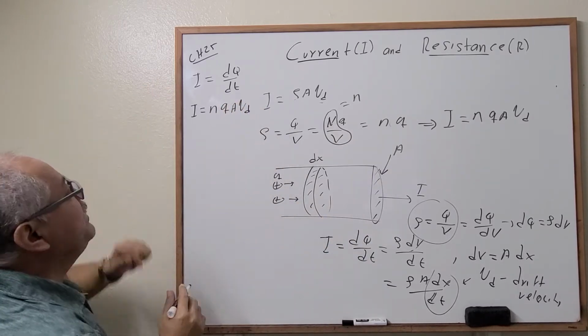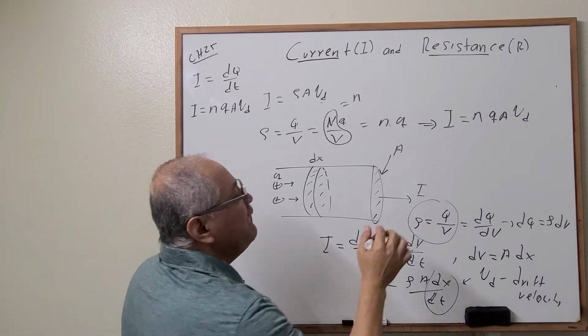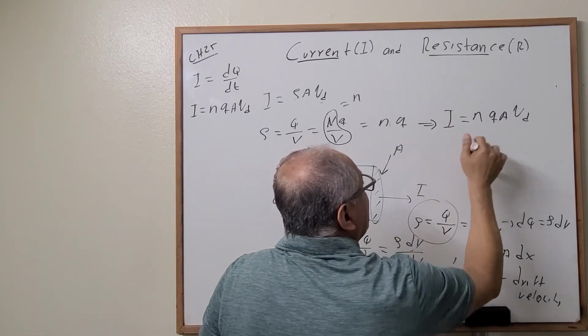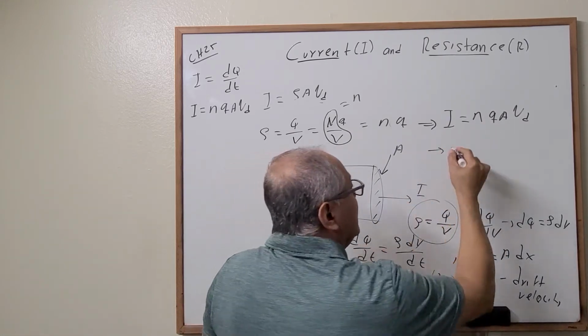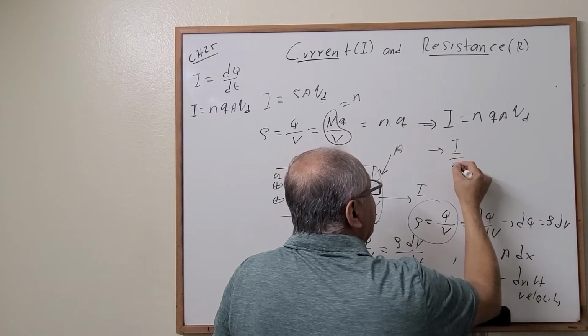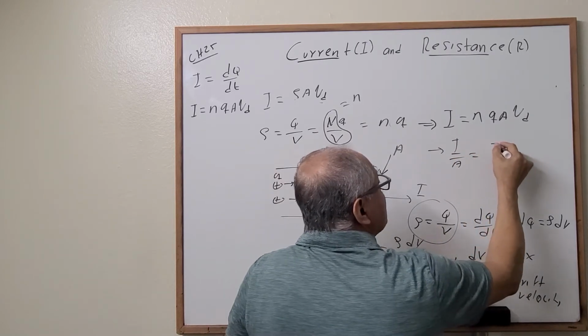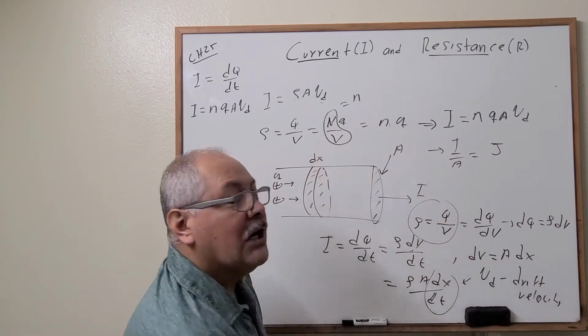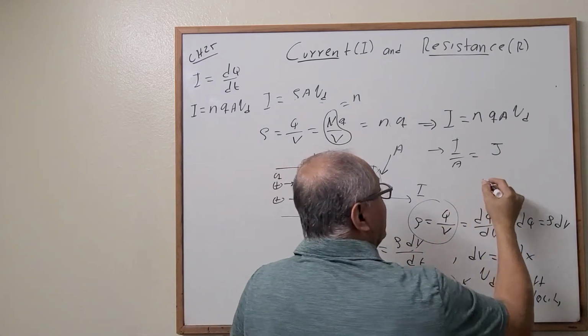And the drift speed. Now, if we divide this by the area, it takes a special name. Current divided by area is defined as the current density, J.